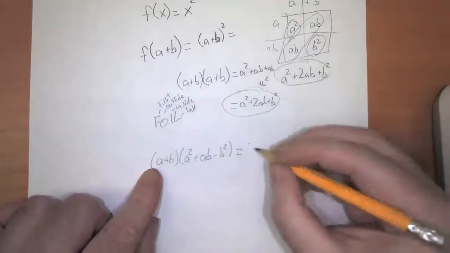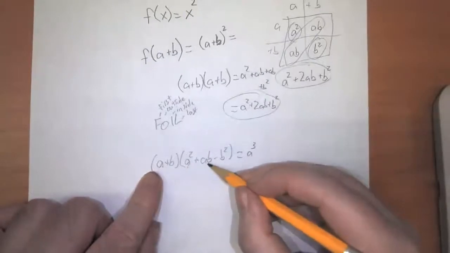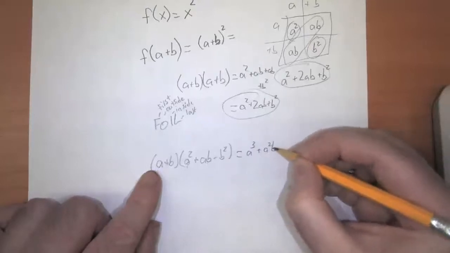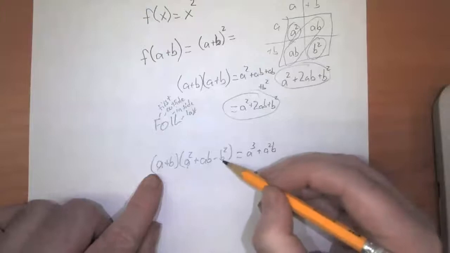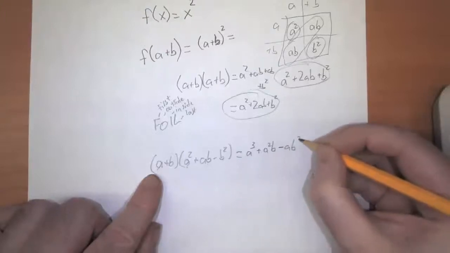So a times a squared is a cubed. Now I'm going to go to the next term of the second polynomial. A times ab is a squared b. A times negative b squared is negative ab squared.